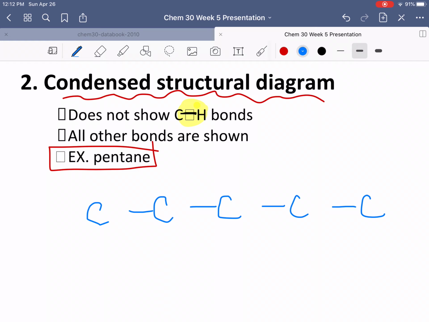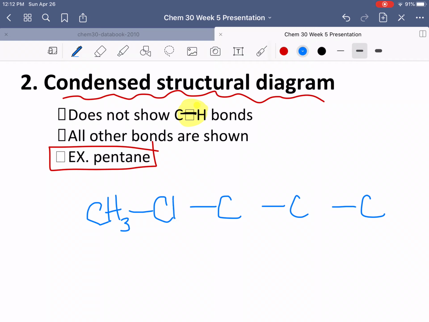Okay, if those are our 5 carbons, to add on the hydrogens, again, think to yourself, every carbon has to bond 4 times. So this first carbon is bonded once to the carbon beside it. It needs 4 in total. So in other words, we're going to have to add 3 more hydrogens. That's 4 bonds total. The second carbon is already bonded twice.